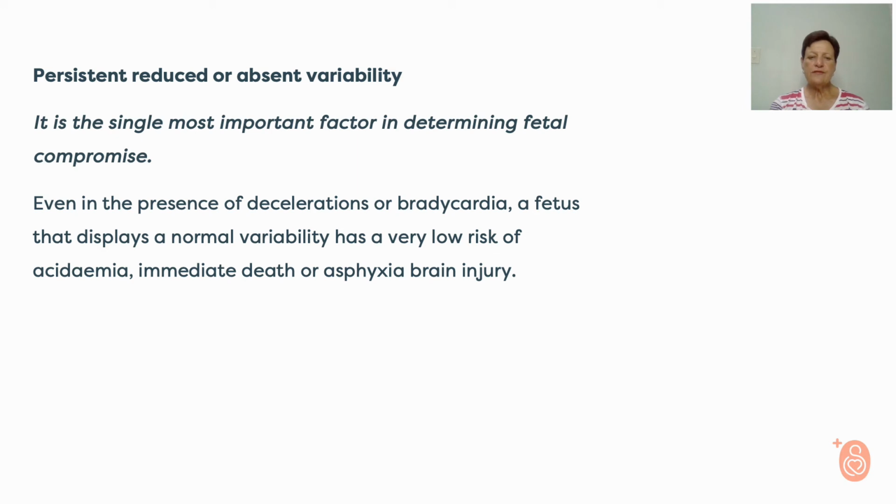And also, if together with this lack of variability there are decelerations or a bradycardia as well, there's a very high risk of acidemia and immediate death and asphyxia, and probably brain damage as well.